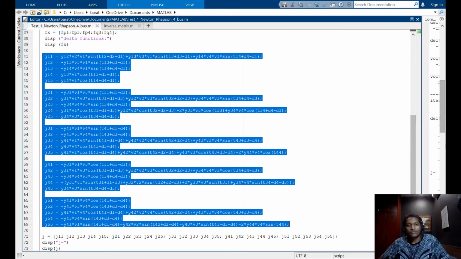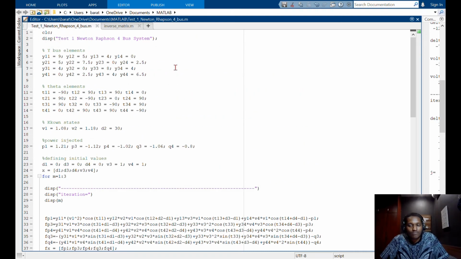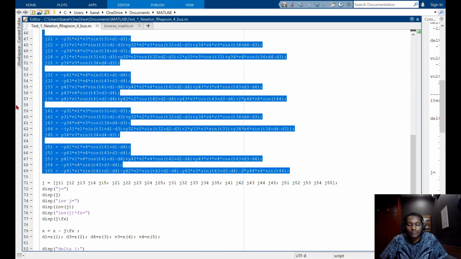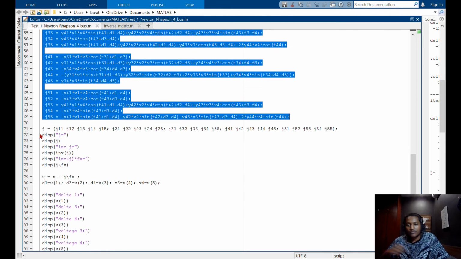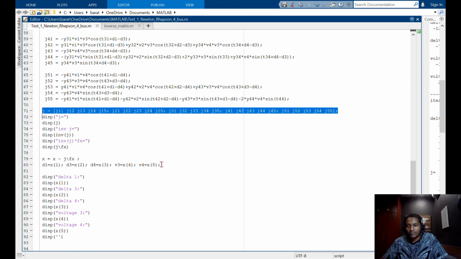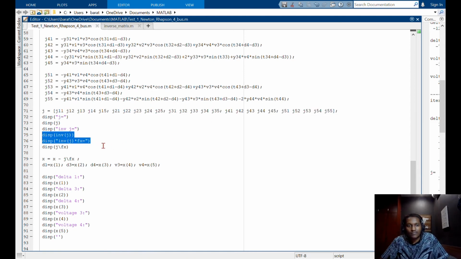Sorry, I can't open another file here because the recording will stop. That's when the recording will actually stop, when there's another file coming in. And we will be inputting all the values that we have defined here into this equation. So we will create a matrix for that, and it will calculate everything and put it into a matrix, and then we can invert it.